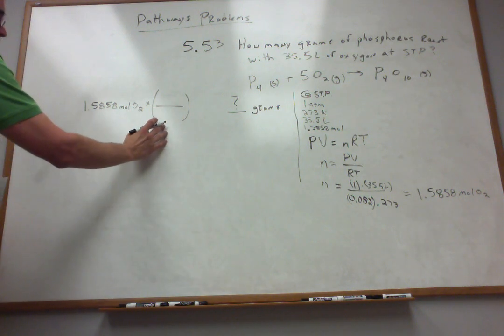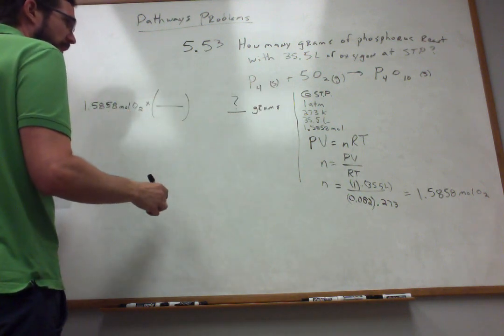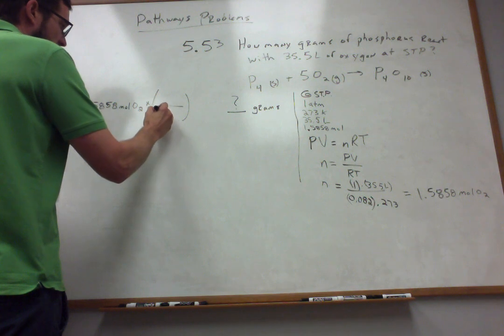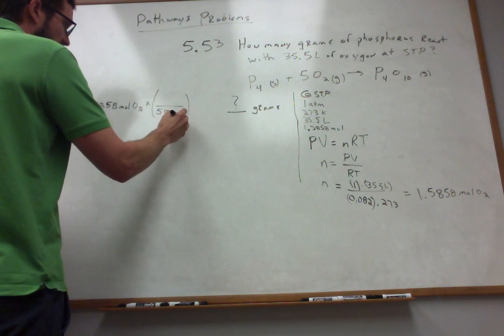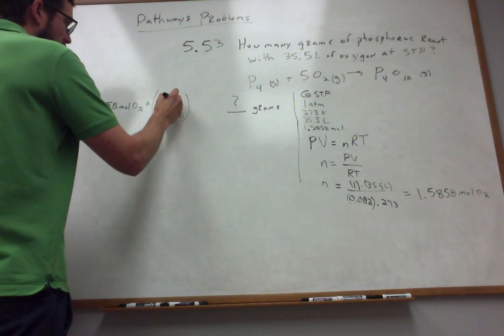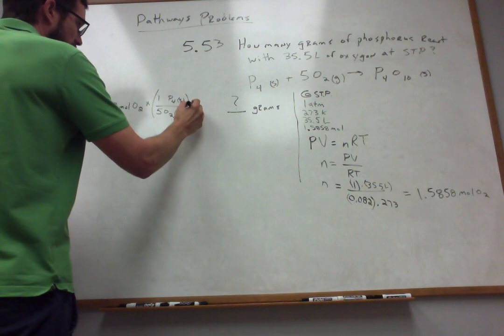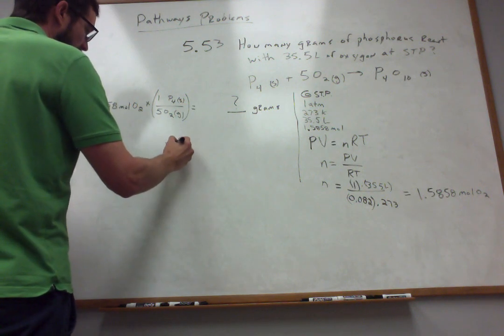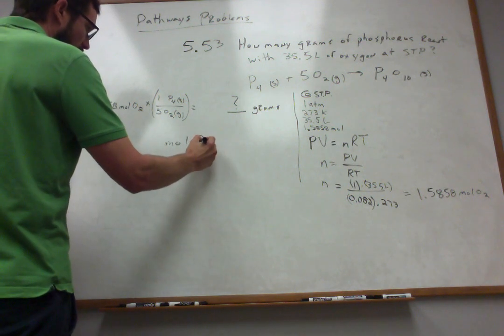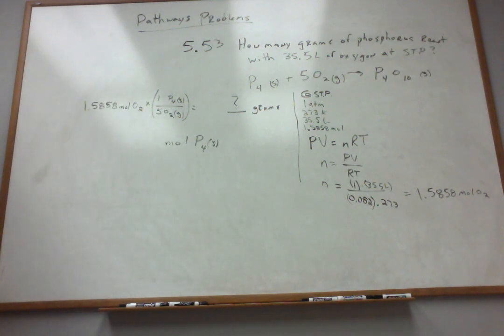This just becomes a stoichiometry problem, where I'm going to multiply by my conversion factor that allows me to convert between moles of different substances. Now, the stoichiometry of the balanced chemical equation says that for every 5 oxygen, I only require 1 phosphorus. So basically what that means, if I'm converting into moles of P4 solid, I've got to divide by 5.